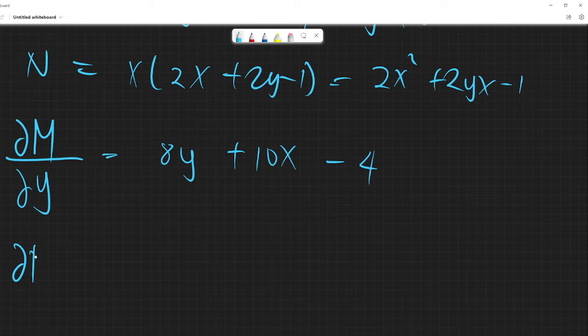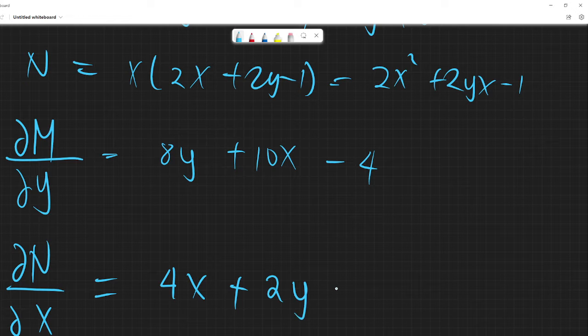Second is the partial derivative of N in terms of x. So that is 4x plus 2y minus 1.